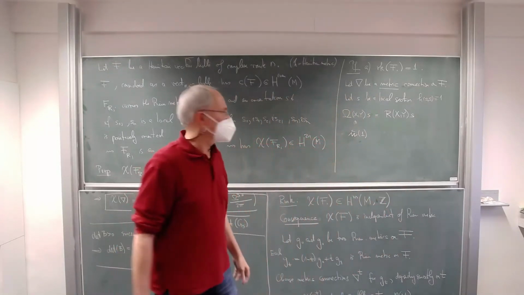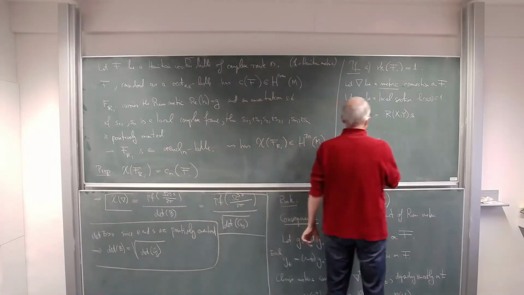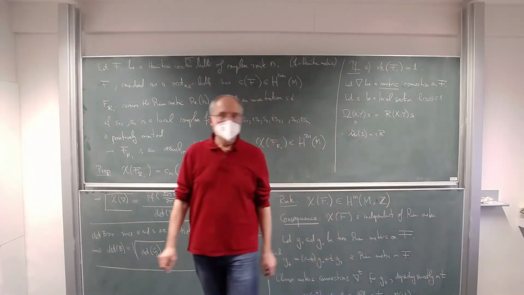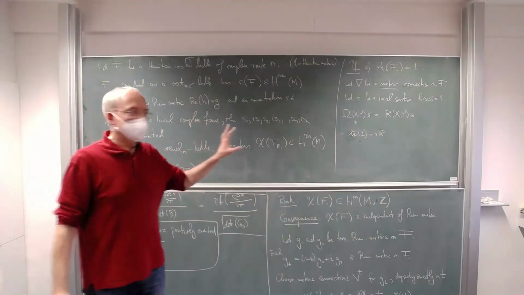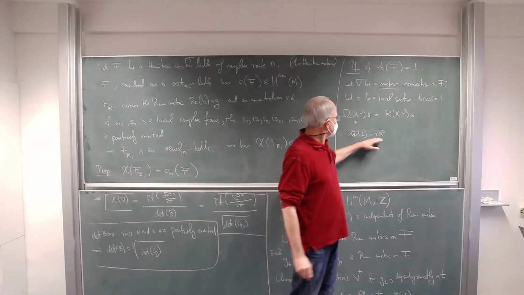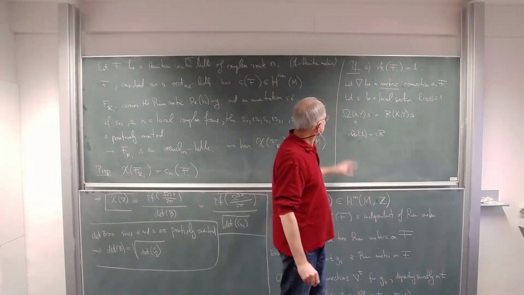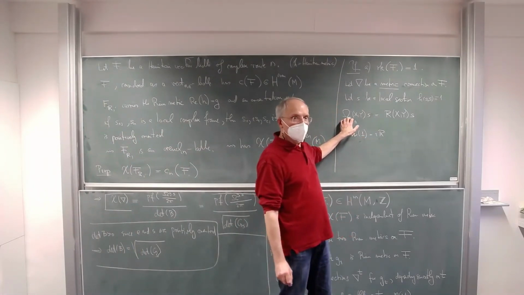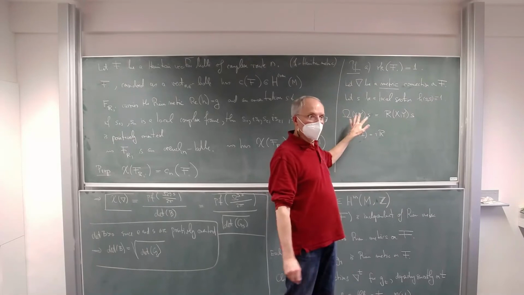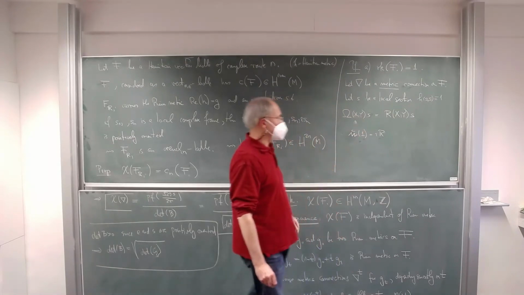That's what it says, right? If we were real, then this would mean 0. But it's purely imaginary. So this is a purely imaginary form. It's a two form of the form I times a real 2 form. So that's what we have.